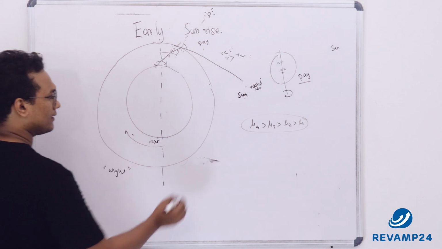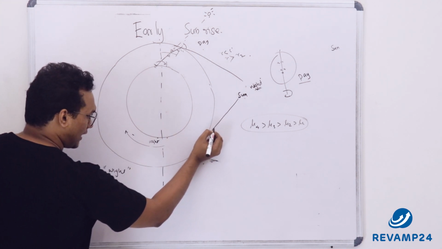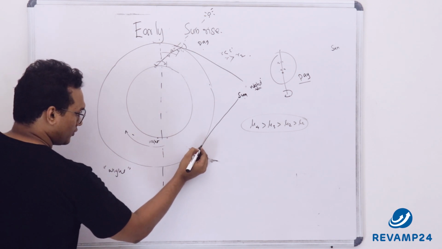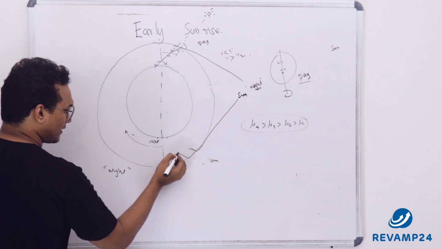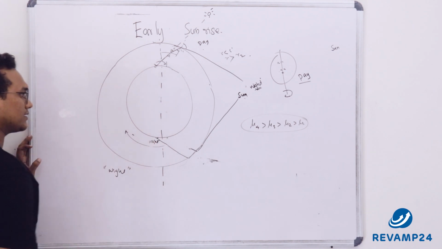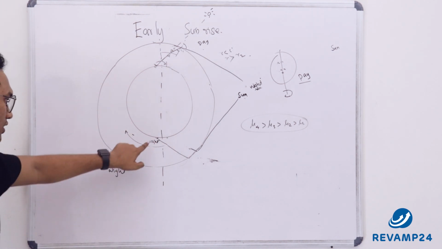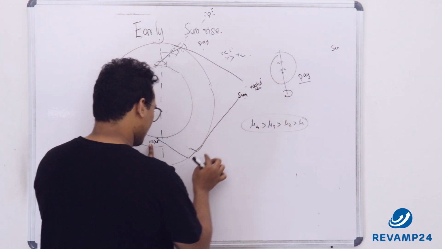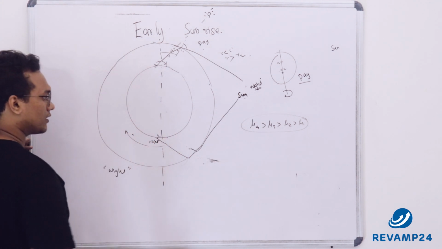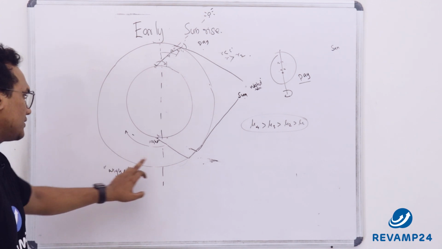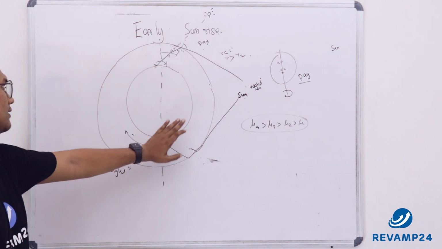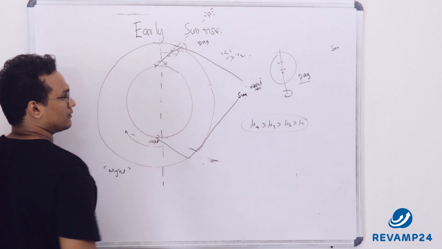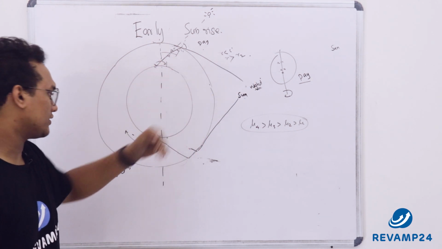But what will happen is the light ray from here would bend in this direction, again bend, and reach our eye. Actually we are in the night zone, but we are still able to see the sun even a few minutes after sunset. So this is called delayed sunset, because we are not exposed to the sun, but still we are able to see it.